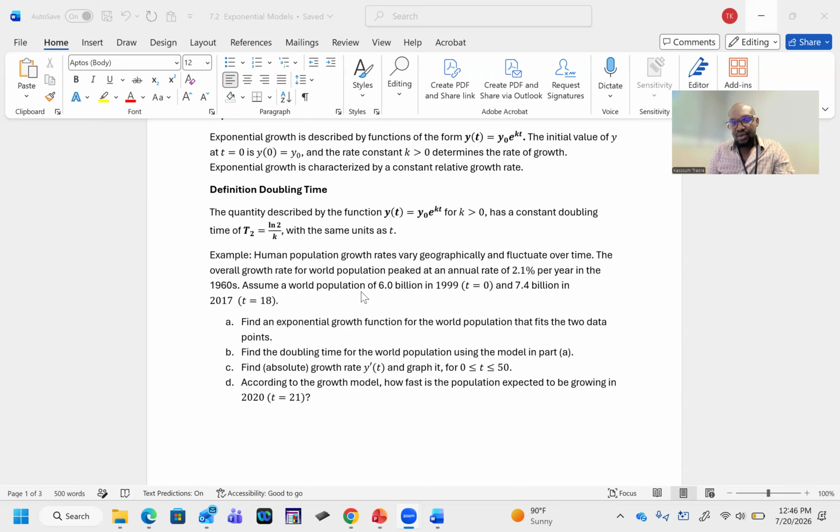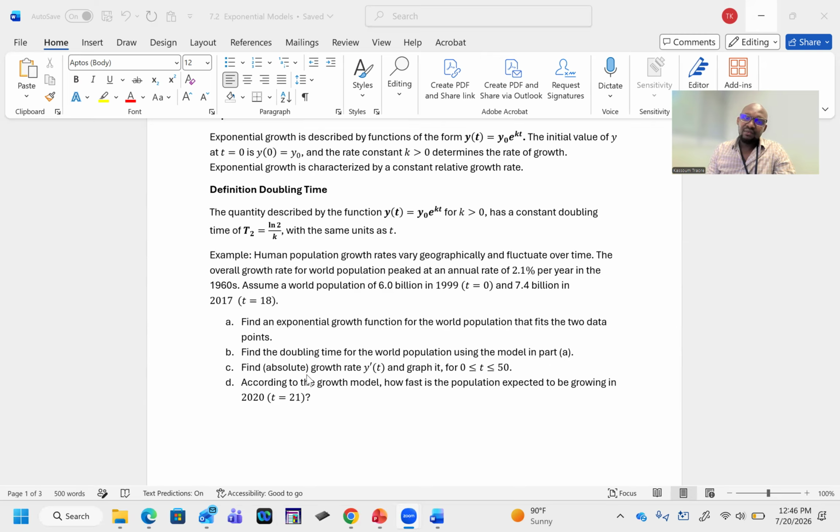Assume a world population of 6 billion in 1999, which corresponds to t equal to 0, and 7.4 billion in 2017, which is 18 years later. A, find an exponential growth function for the world population that fits the two data points. And B, find the doubling time for the world population using the model in part A.